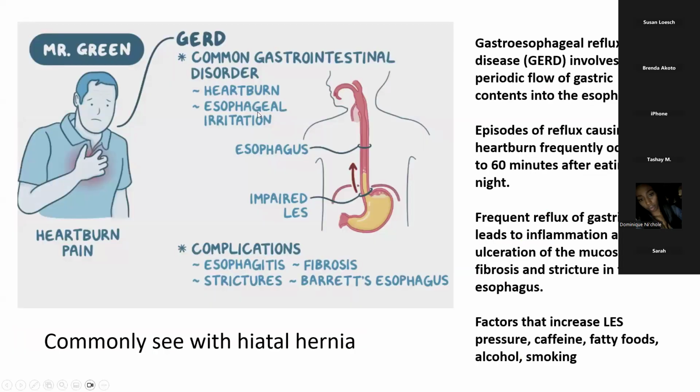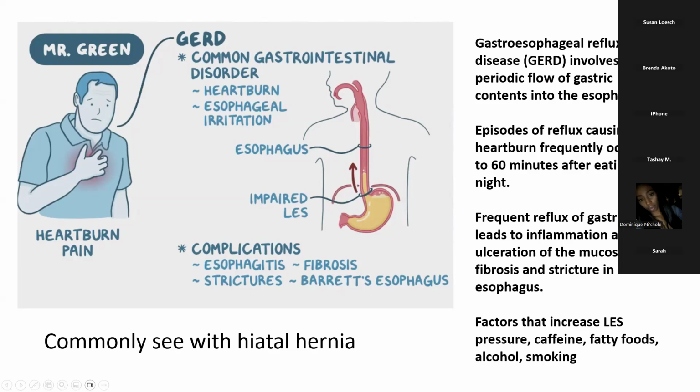GERD itself is that gastric content flow into the esophagus. This can happen approximately 30 to 60 minutes after you eat or at night. You have that reflux of gastric acid, and that's causing inflammation and ulceration of the mucosa. It can lead to fibrosis and stricture in the esophagus. This is often seen with hiatal hernia.